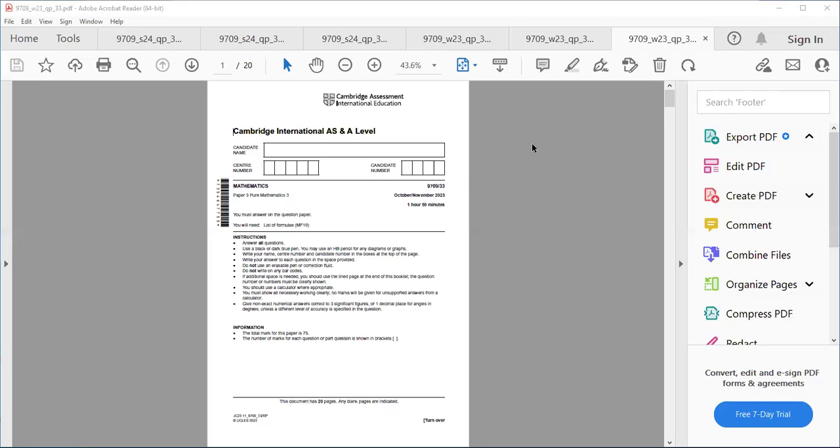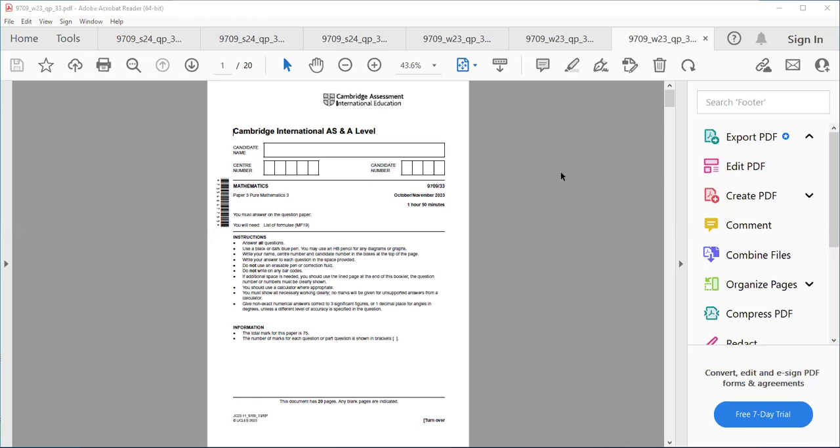Now, again, I am sharing the new papers that also belong to the past papers 2023. So we have to solve these questions.